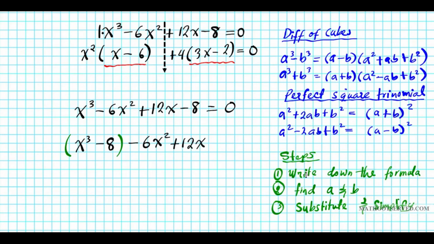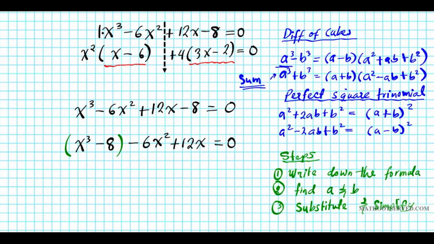So first of all, we are to write down the formula. We are working with difference of cubes here. This is an equation setup, so the way I'm going to set this up will be slightly different. Since this is a minus, we're going to be using the difference of cubes formula. And this one right here is a sum of cubes.